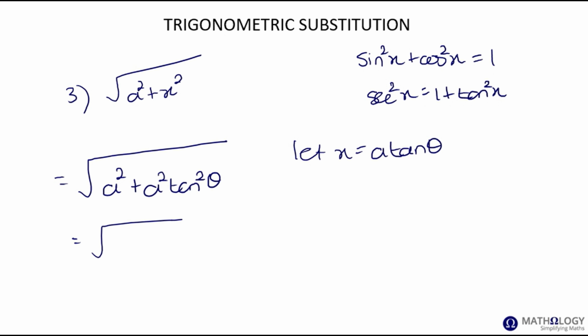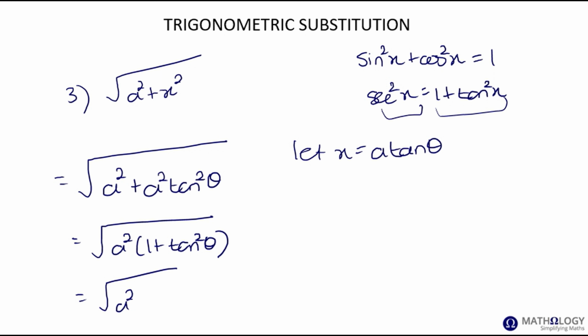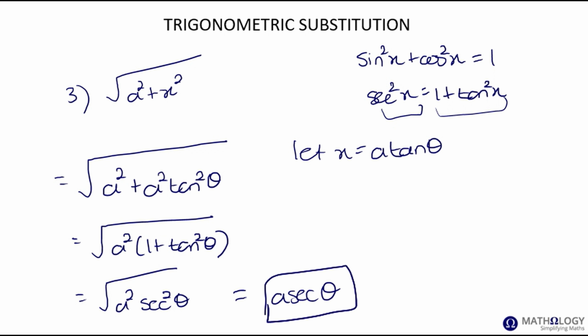We take out a common a squared, and we have 1 plus tan squared theta, which is the square root of a squared. 1 plus tan squared is sec squared. So we have a squared sec squared theta, the square root of that. And the square root of all of that will be a sec theta. And again, we have a single trigonometric ratio.